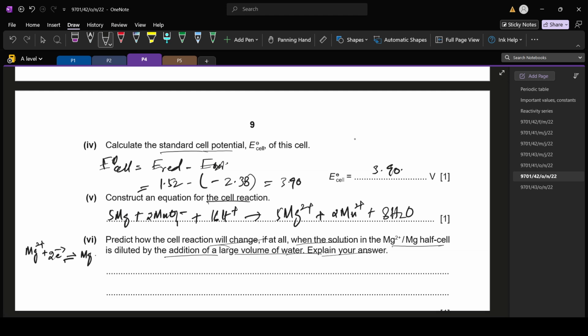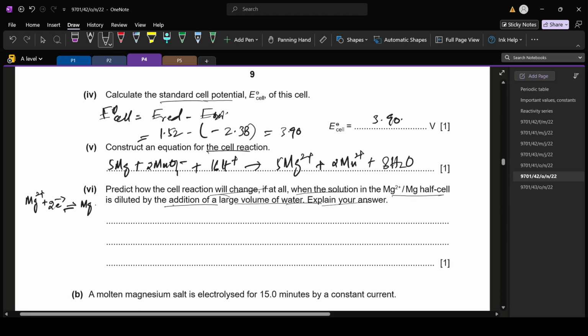Okay, so there will be no change, because dilution will make this potential even more negative. Because dilution will make this reaction move backward.